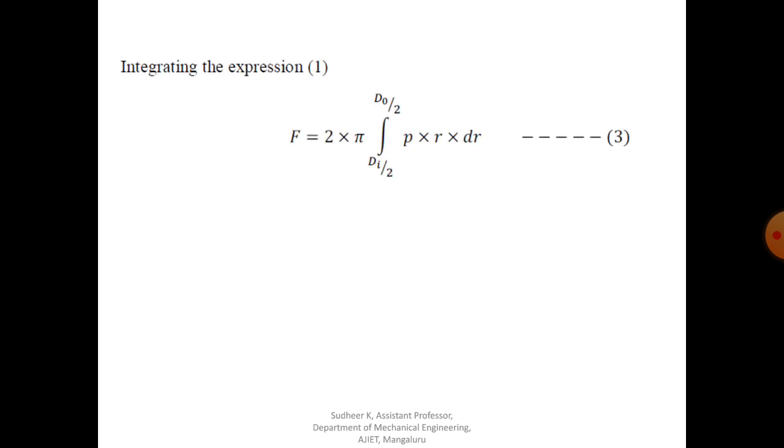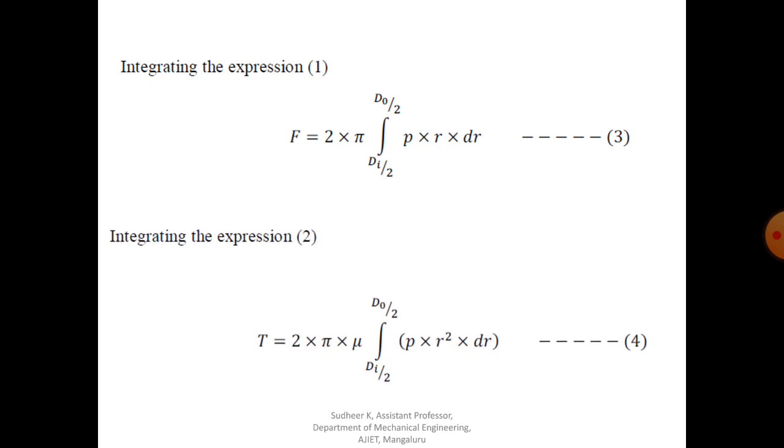Similarly, integrating expression 1, you will get F equal to 2 pi, integrating from di by 2 to do by 2, that is ri to ro, p r dr. So I will consider that as equation number 3.